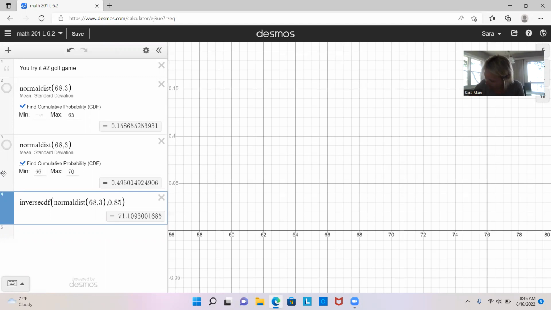It's inverse CDF. Okay, so that golfer would score a golf score of a 71, which means that he would be in the top 15% of his team.